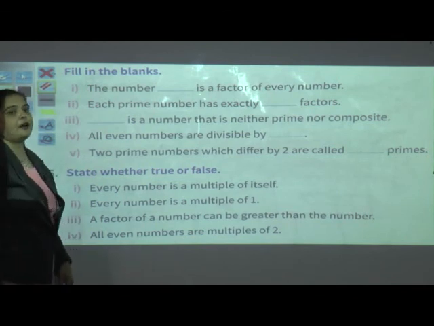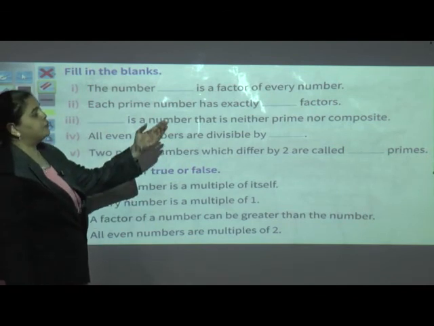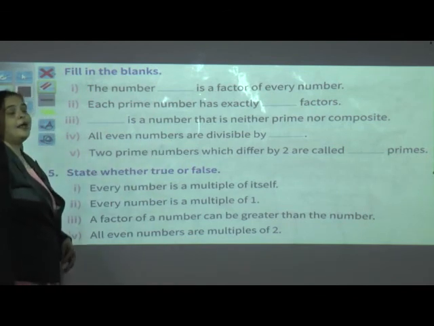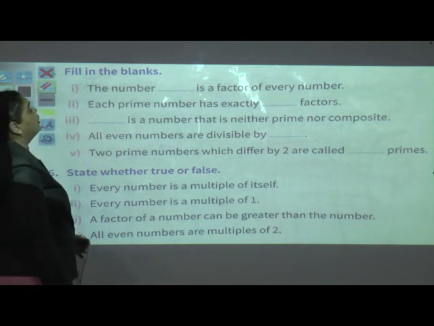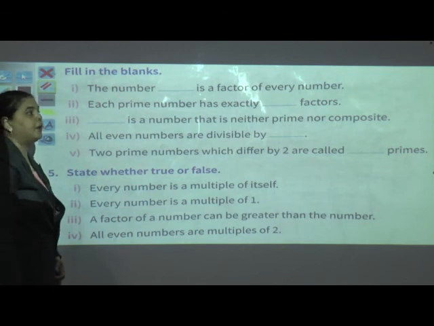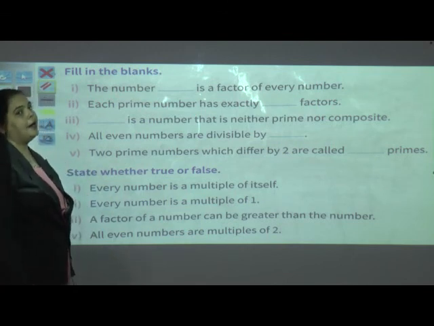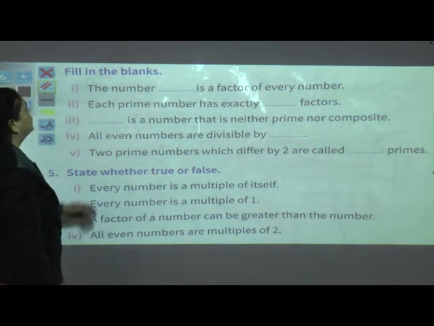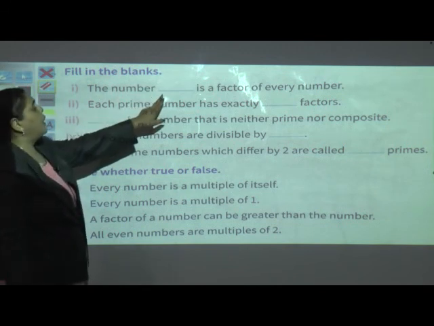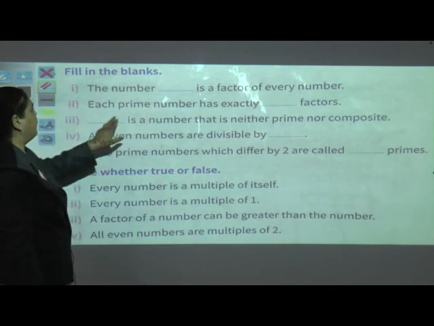Which number is the factor of every number? A few seconds ago I told you, 1 is a number that is a factor of every number, because each and every number is divisible by 1 and the number itself. So 1 is the factor of every number.